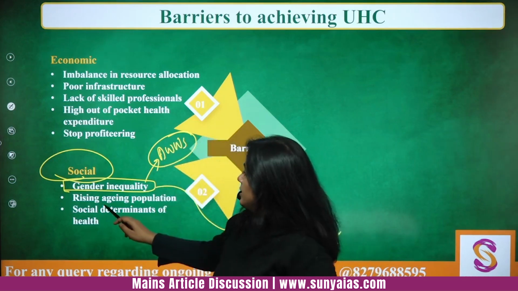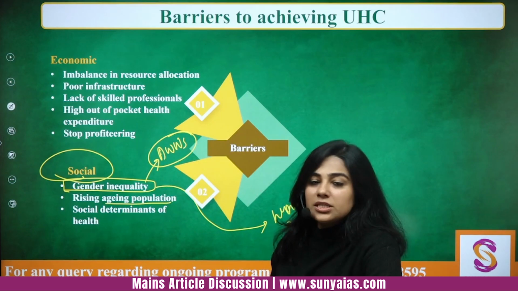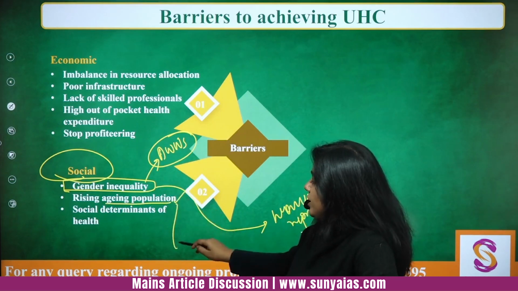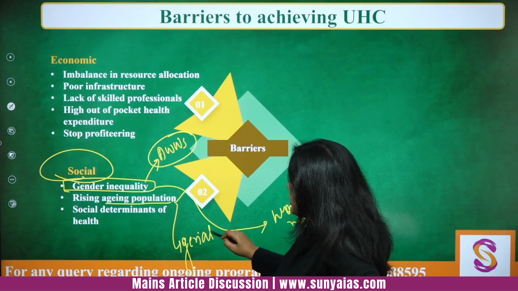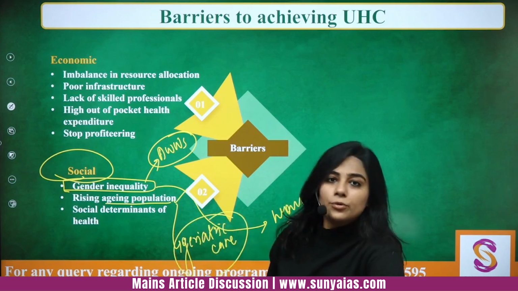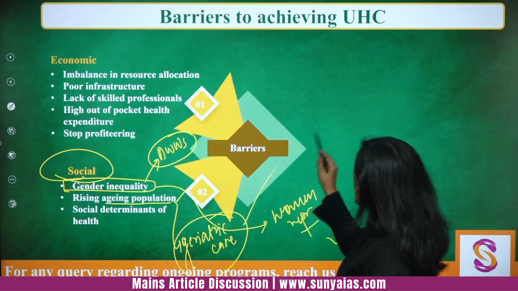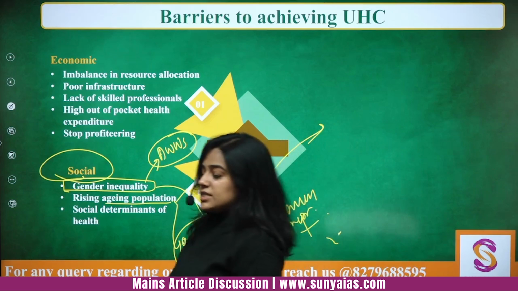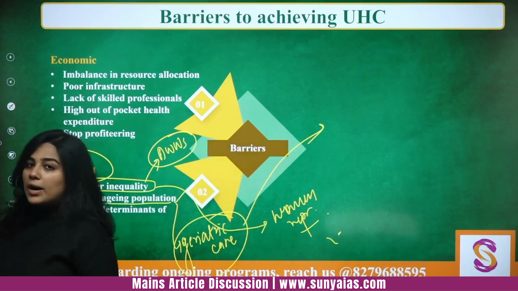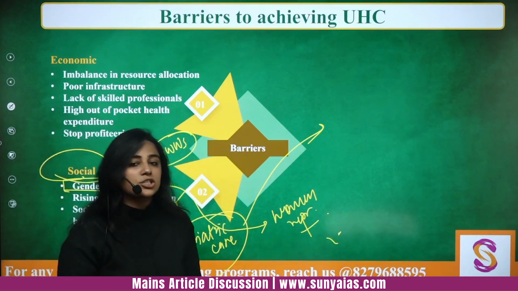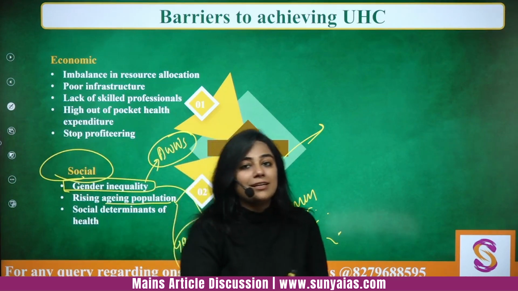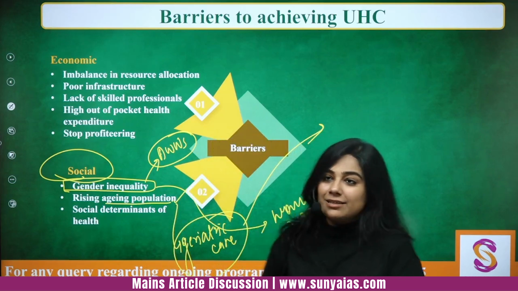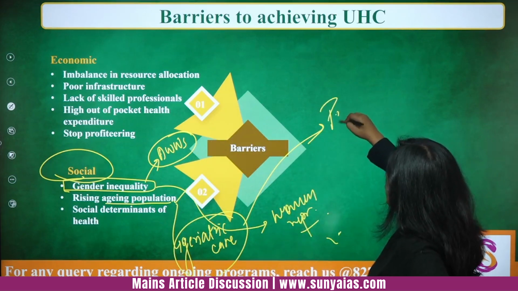Then rising aging population is also a very big problem. We do not have enough geriatric care. Geriatric care बोलते हैं the care of the elderly को. So geriatric care नहीं है हमारे पास. Some startups are coming up, but there is no overall national policy against isolation of the elderly, against diseases of the elderly. We do have a policy for palliative care.